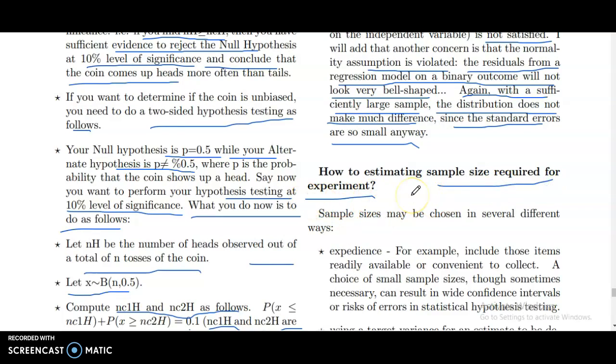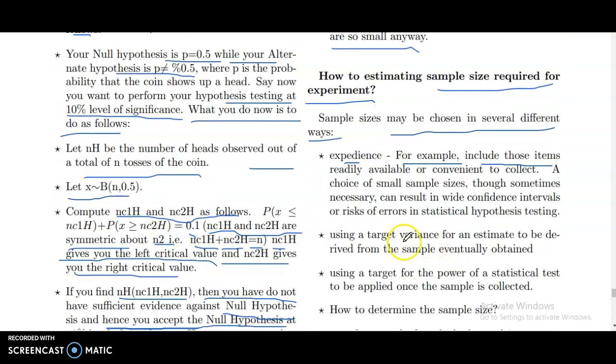How to estimate the sample size required for an experiment? Sample sizes may be chosen in several different ways. Experience, for example, includes those items readily available or convenient to collect.